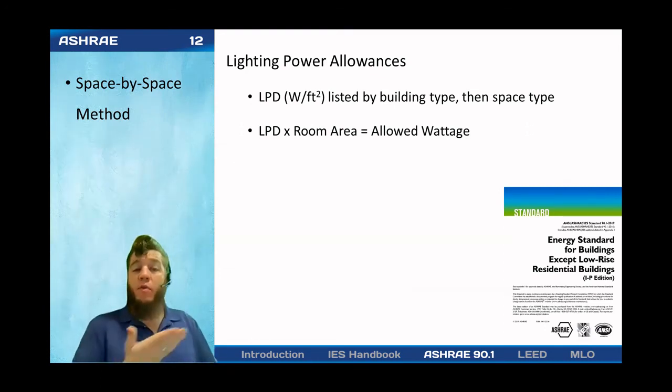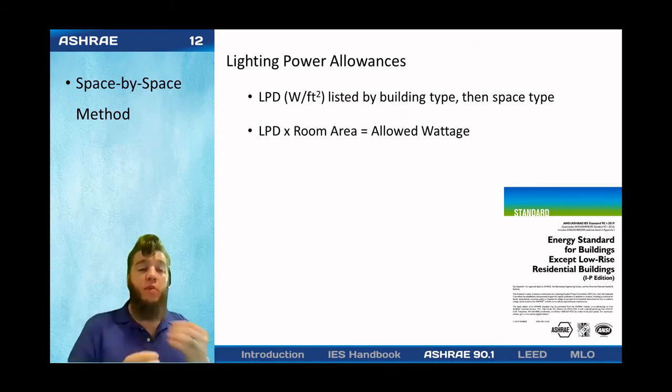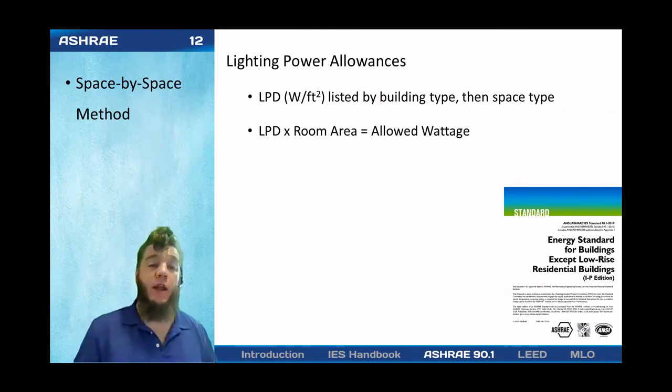And maybe we go over our allowed wattage in a lobby area or another area of high interest and trade that off by installing fixtures well below the expected efficiency level in spaces like corridors and storage and so on and so forth. So we can trade those wattages around because we're just trying to comply with the total calculated wattage for our entire project.